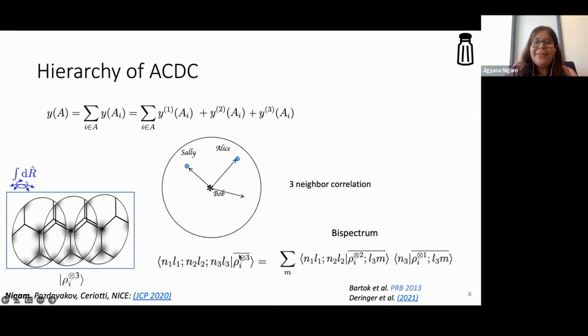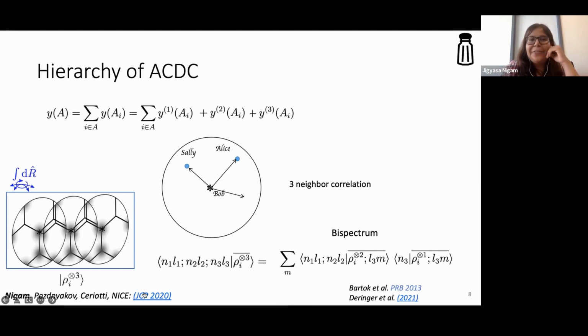So for a long time, it was considered hard to construct representations that capture higher neighbor correlations, because if you're considering an n-th order contribution to your property, you need to integrate over n copies of your density, which is in general hard to do.